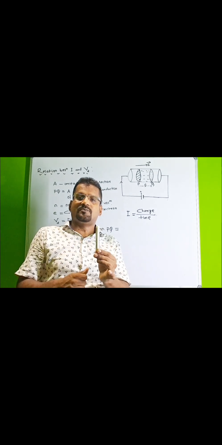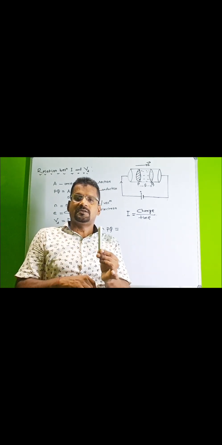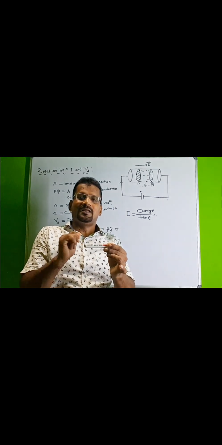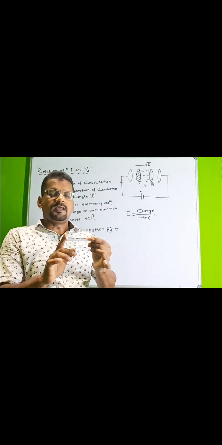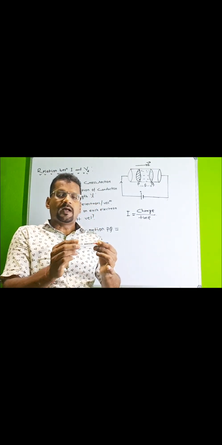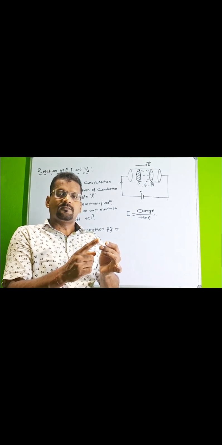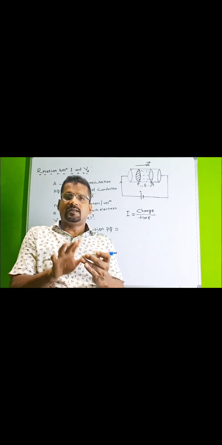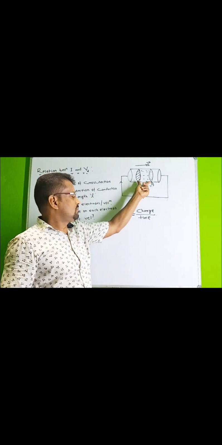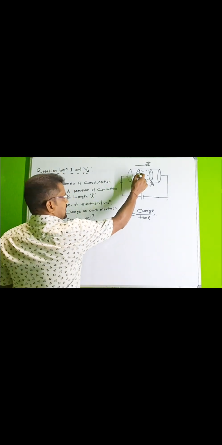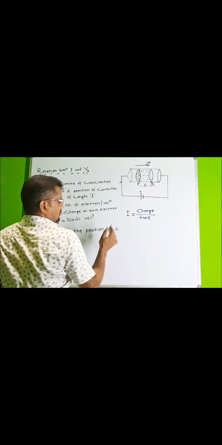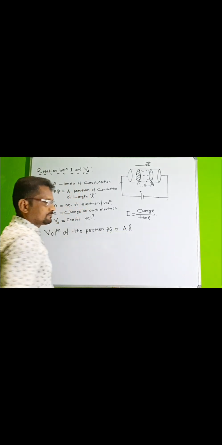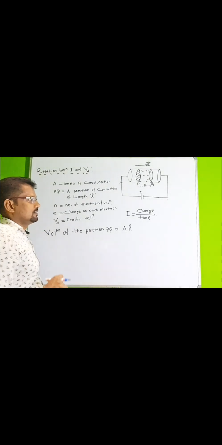The volume of a cylinder formula is πr²h. If the same height is taken as length, then the volume is πr² times length. So πr² is the cross section area. So the volume of this part will be cross section area A multiplied by length L. Let me write, volume of the portion PQ is A times L.